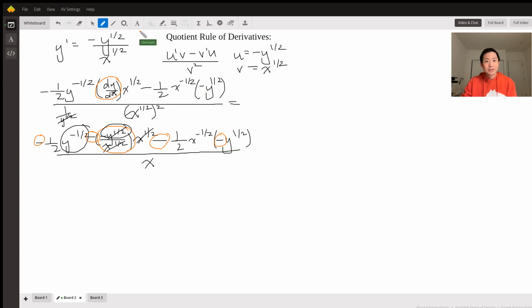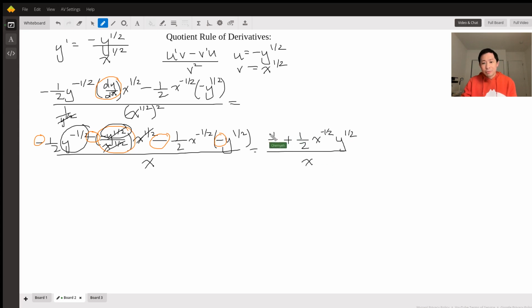So if I rewrite this entire thing, I'm going to end up with 1/2 plus 1/2 times x to the negative 1/2 y to the 1/2 all over x.